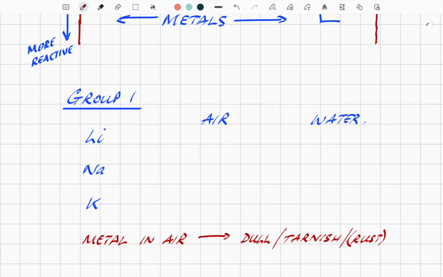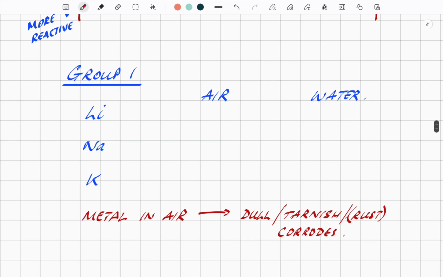So, this thing about rust, for example, you can say the whole thing corrodes. The point is that lithium on its own, without any kind of, let's say, fire or something else, is a very slow reaction.